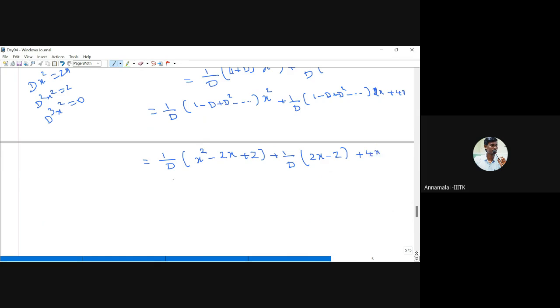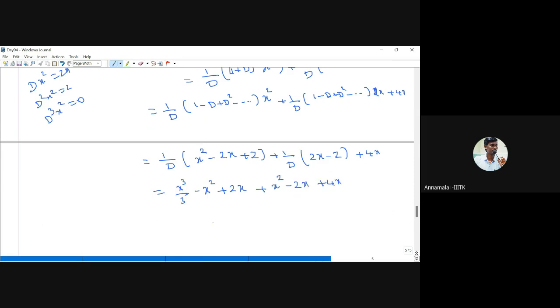Now 1 by D is nothing but integration, I already said that. So what is the integration of x square? It is x cube by 3, minus integration of x is x square by 2, the 2 cancels, we get just x square. And then integration of 2 is 2x. Plus, again 1 by D, this is x square by 2, the 2 cancels, we get x square, and then minus 2x plus 4x.